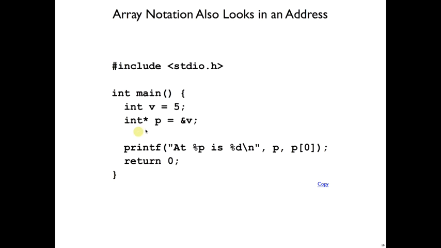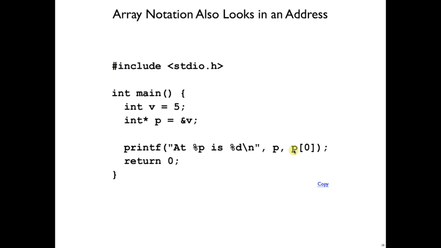This program is similar to the one we had two times before, but with slightly different notations. All this part is the same. We're going to have at p is the value, but instead of using star p, I have p square bracket 0 square bracket. This means the same thing.